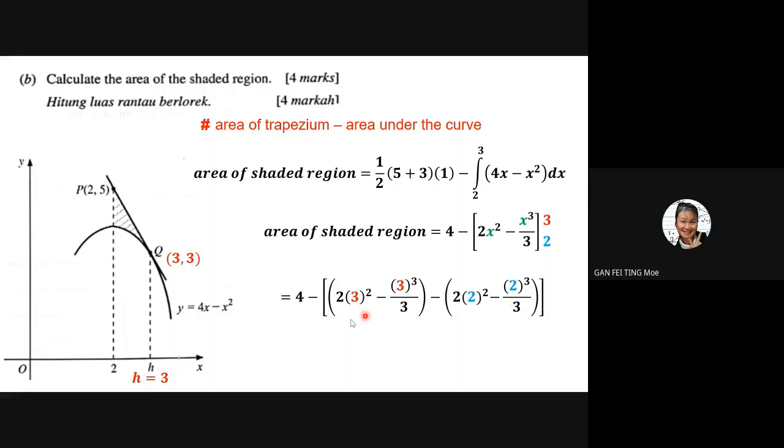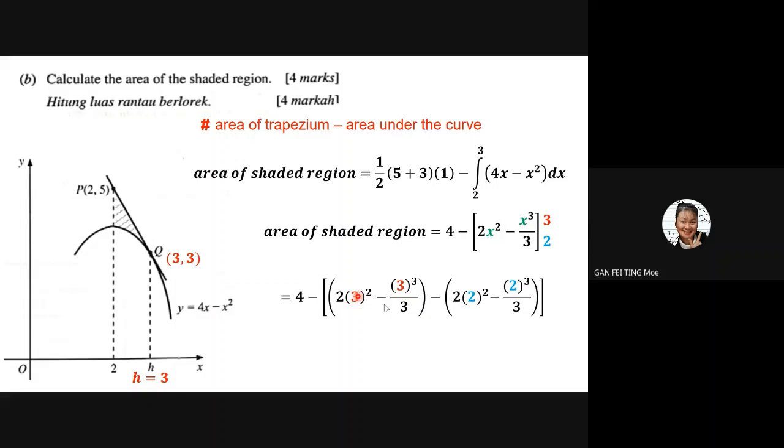Okay, now tekan calculator. Here you dapat 1 markah. Sub nilai ke dalam equation, you get 1 markah. Upper limit dengan lower limit yang betul. Setakat ini you dapat 1 markah sahaja. So this one you will get 1 mark. Bila tunjuk langkah ini, you akan dapat markah kedua.